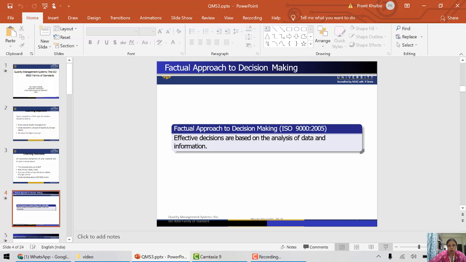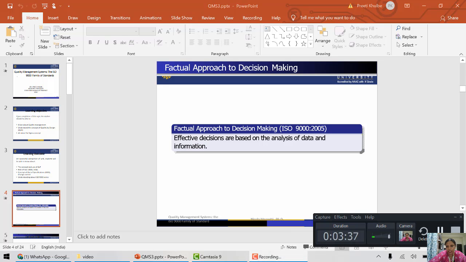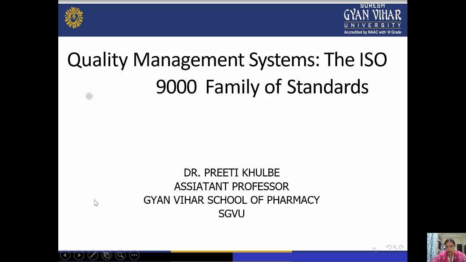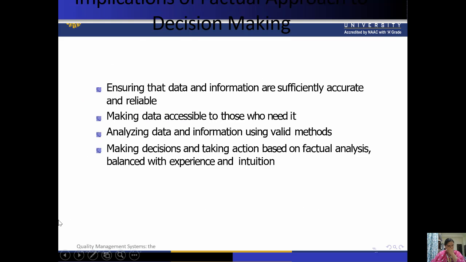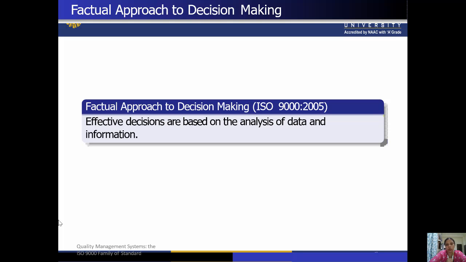In this we have already discussed the previous ones. So the factual approach we are talking about: the factual approach to decision making is involved in ISO 9000 2005. There are also ISO 9000 2001 and 2000, but ISO 9000 2005 basically involves the factual approach to decision making. It is mentioned that effective decisions are based on the analysis of data and information.